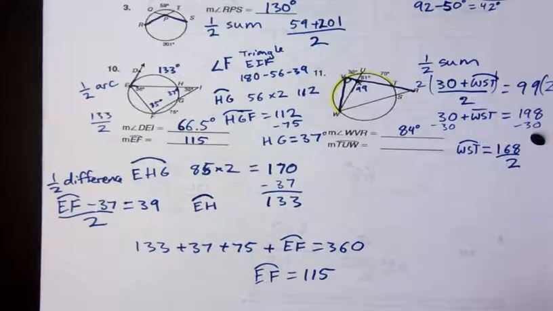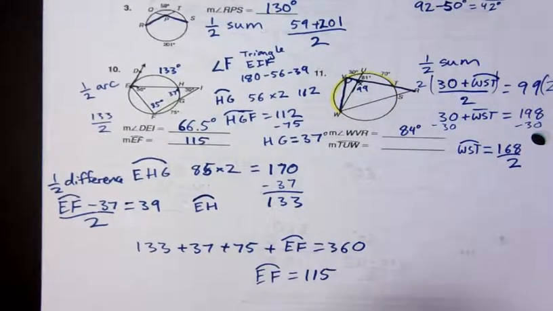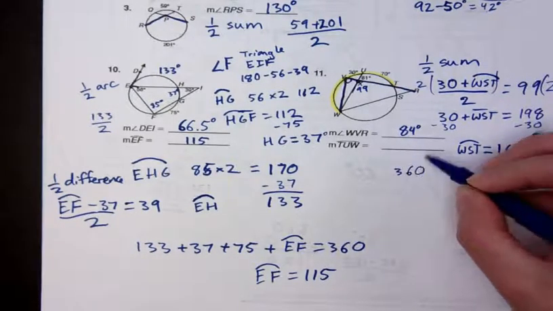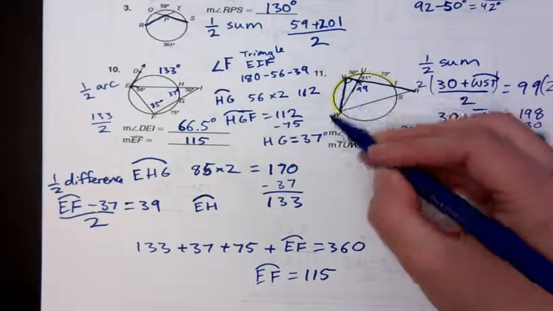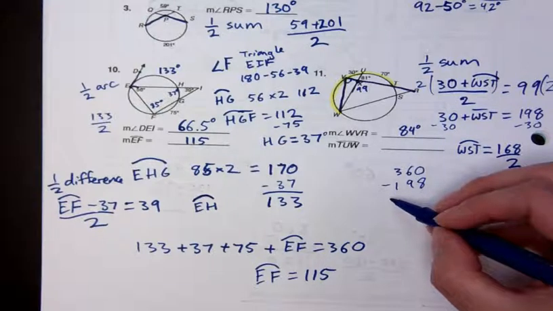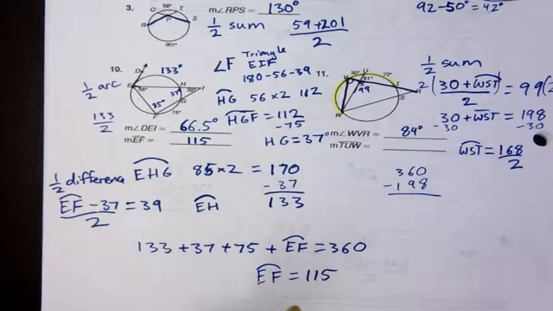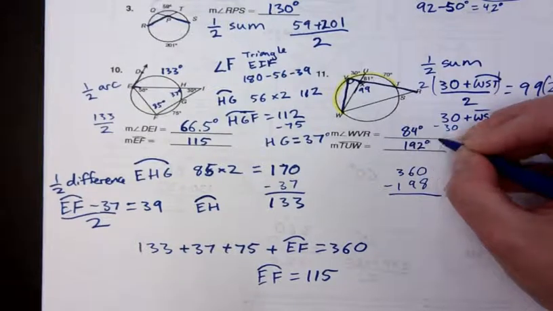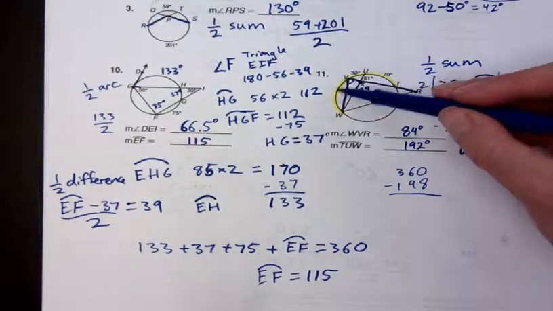Or is there something I can subtract since I already have WST? Can I just do 360 minus WST? Would that give it to me? Oh, VW? I don't have the answer key, so I don't know without finishing the problem. Okay, so what is 360 minus 168? 192. So VW would have been 92.